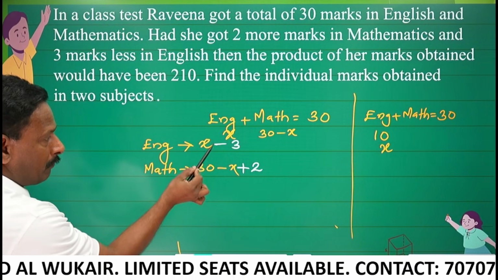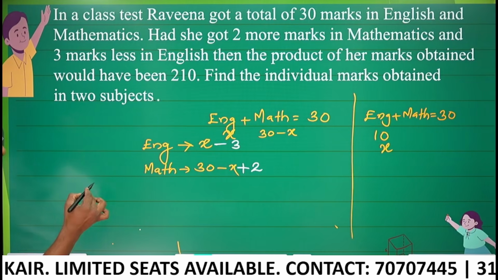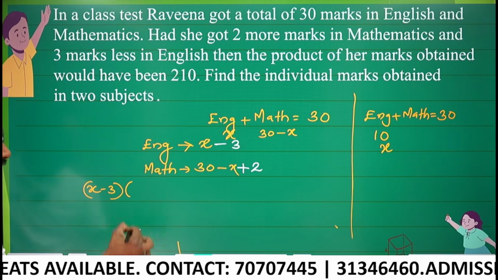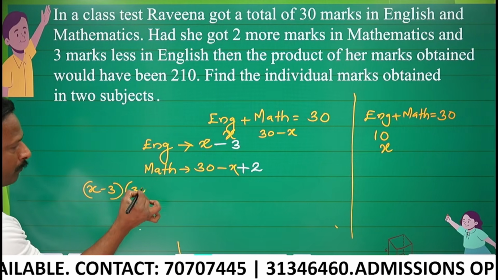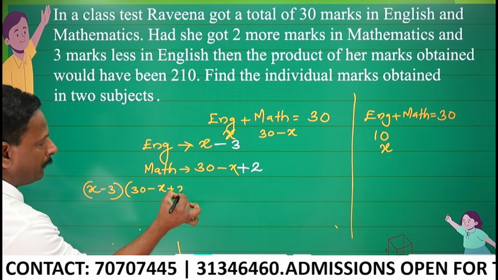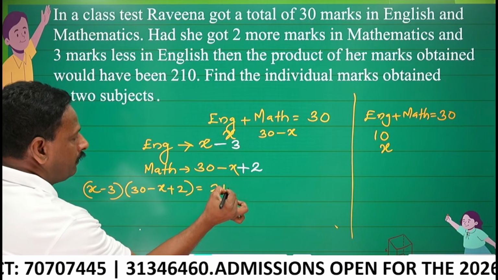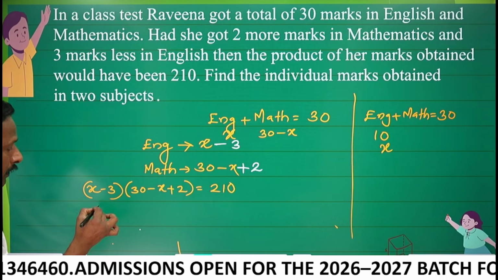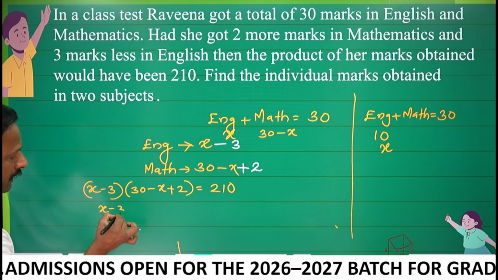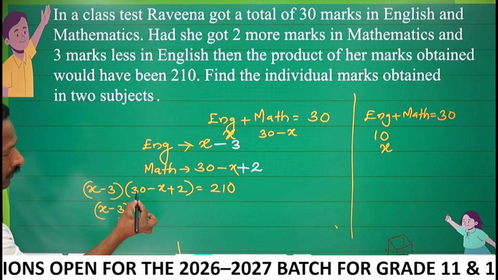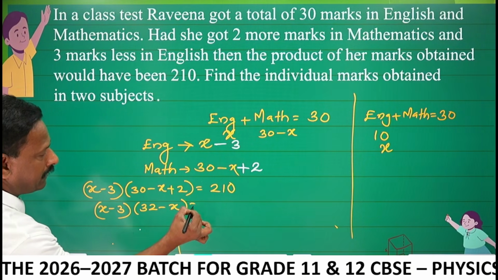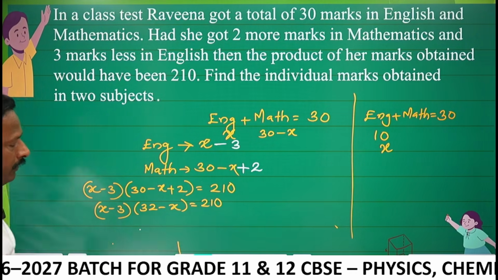Product means what? Multiplication, right? The product of the marks obtained would have been 210. Now we have to open the bracket. So this will give you x minus 3 into 30 plus 2, which is 32, minus x, equal to 210.